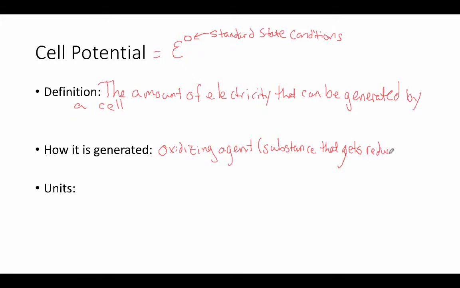That oxidizing agent actually pulls electrons through the wire from the reducing agent.